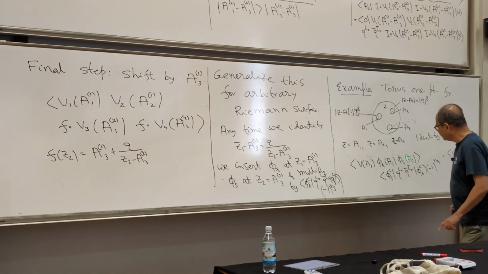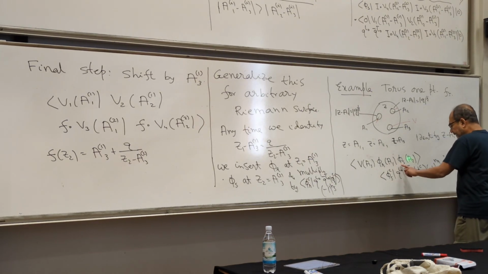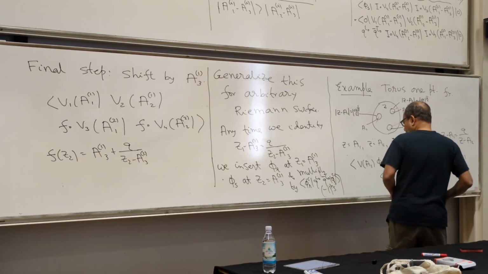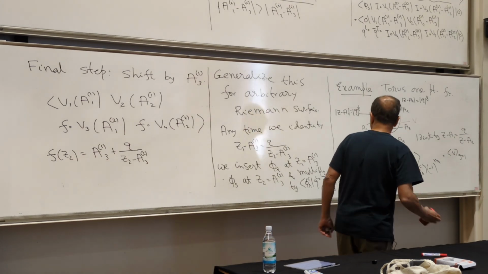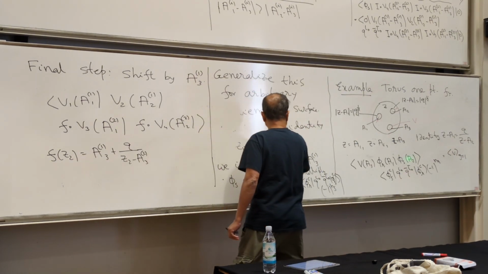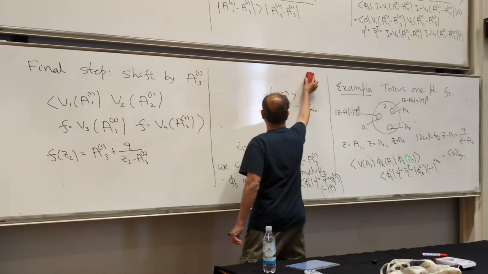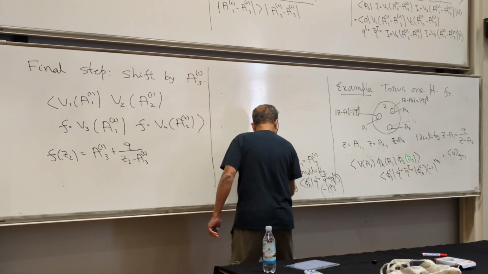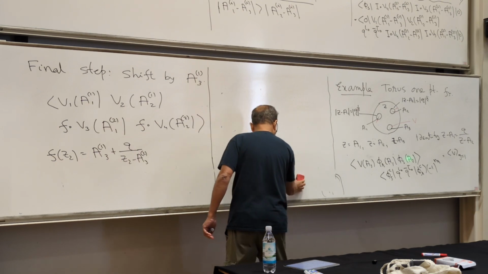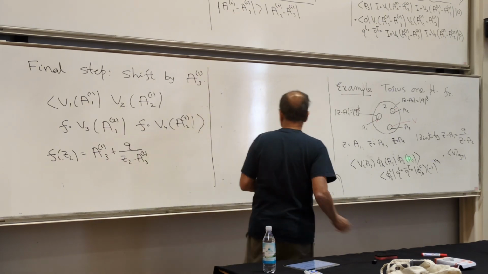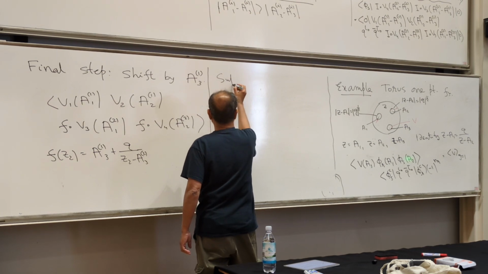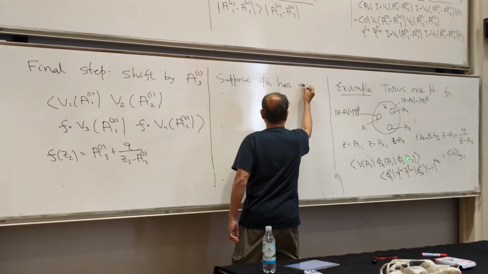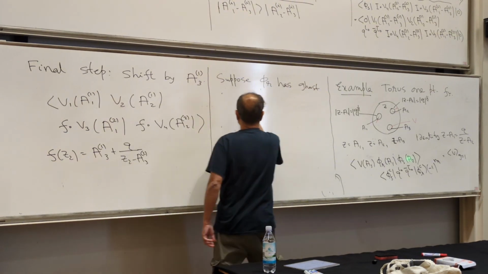To see this, you note that in this, first of all, suppose phi r has Grassmann number nr.